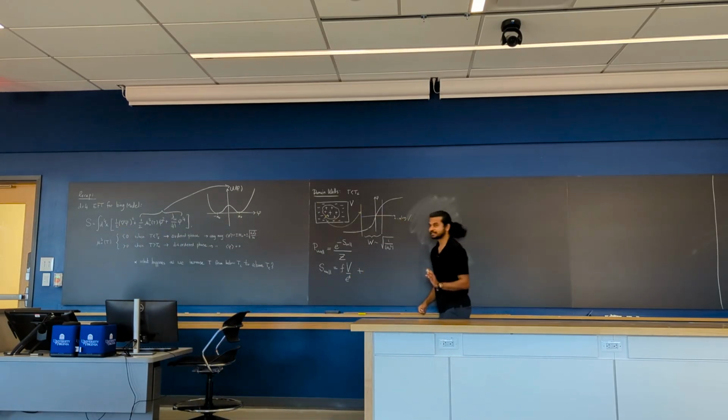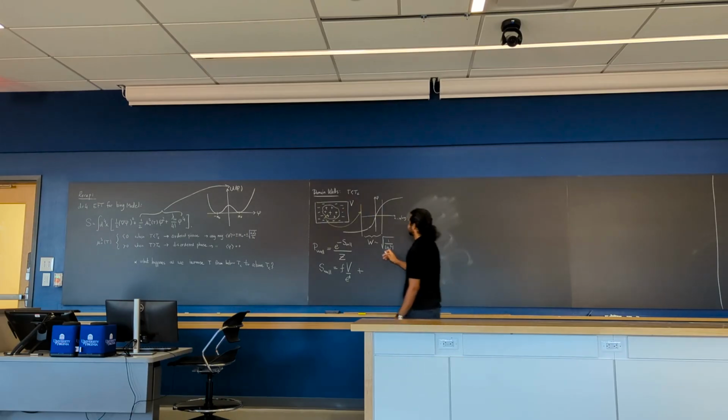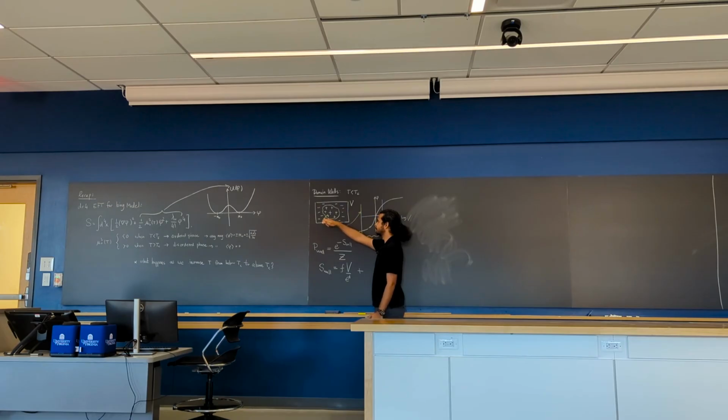We don't have to compute it exactly, so we can estimate it. The phi field is changing from minus m0 to plus m0.